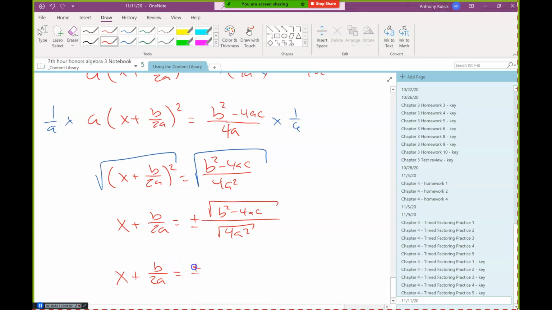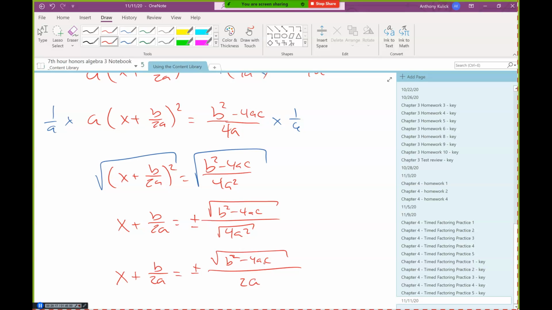I can just think about that as the square root of 4, which is 2, times the square root of a squared, which is just a. I can't do the same thing in the numerator because it's a subtraction problem, right? We can't break up a square root with a subtraction in it. So we're just stuck with that the way it is up there.